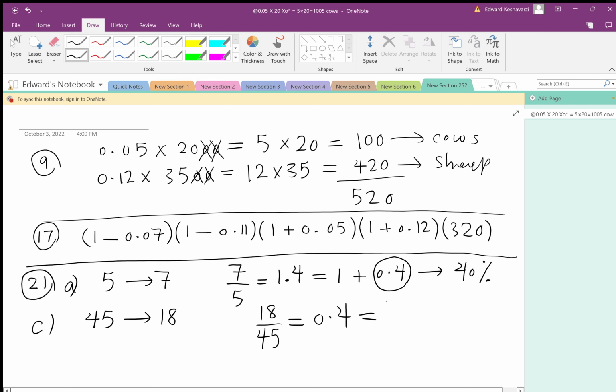Again, we need to compare it with 1. So 0.4 can be written as 1 minus 0.6. So it means we have a 60% decrease in the value of whatever it was.